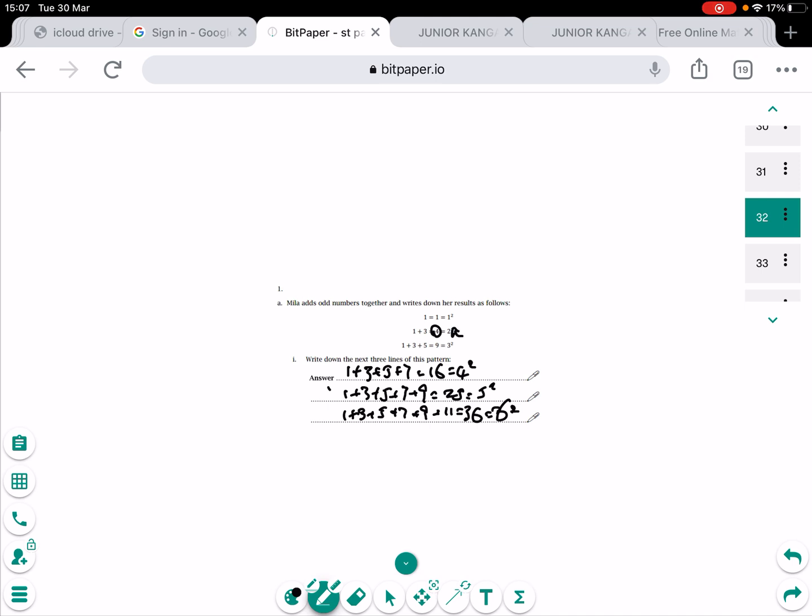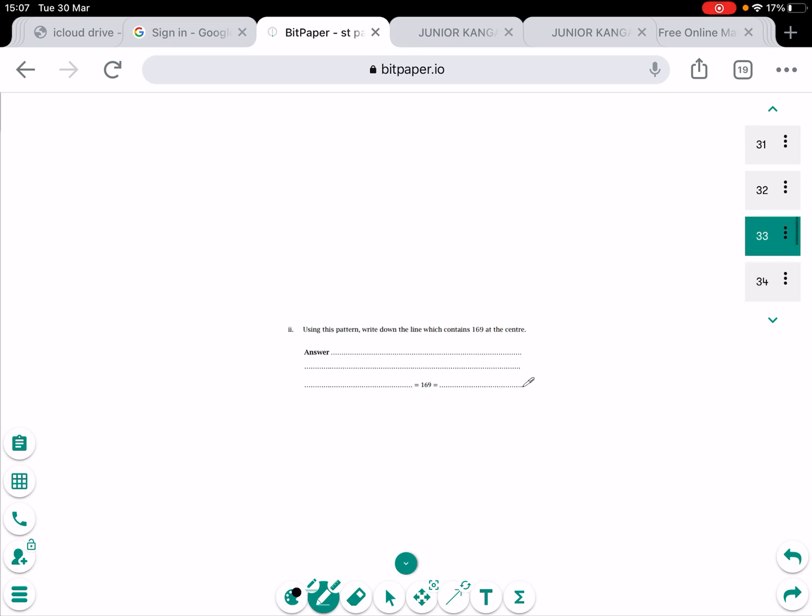And if you look carefully, there are two odd numbers here. And so is this: 9, and 3 is its square root, and 3 odd numbers here. So what we are going to do now is square root 169, which equals 13.